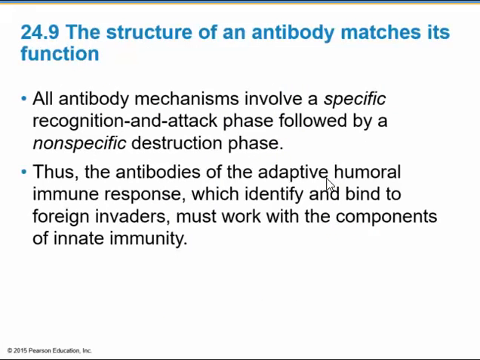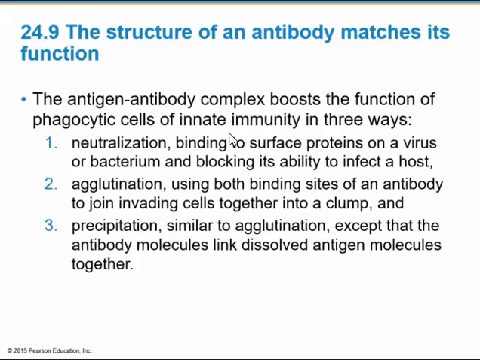Now, all antibodies involve a specific recognition. They recognize the antigen, they bind and attack. Once they attack it, they destroy it. In order for this destruction to take place, the active response has to work with the innate immunity. Alright, so the antigen-antibody complex works with phagocytic cells, the phagocytes of the innate immunity.